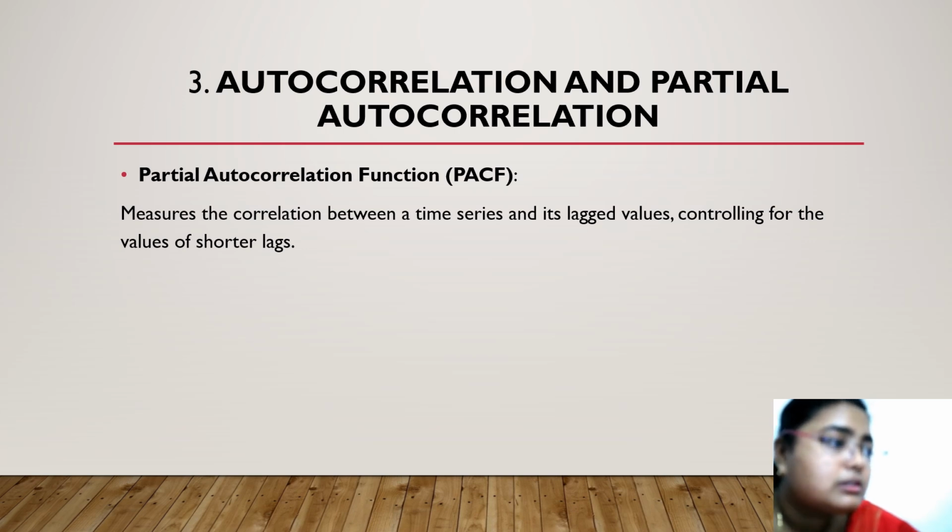It measures the correlation between a time series and its lagged values, controlling for the values of shorter lags. That is, the measurement of the correlation for shorter lags is called the partial autocorrelation function.